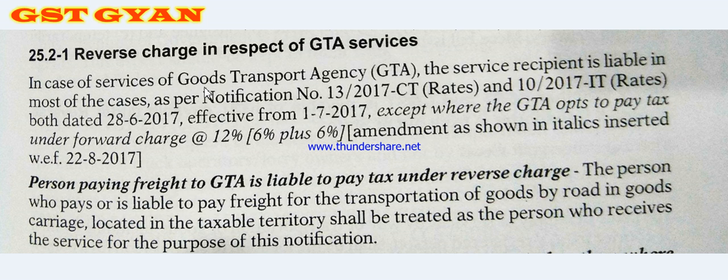Service of a goods transport agency is treated under reverse charge mechanism, so the recipient is liable in most cases. That means the person paying the freight, the consignee, is liable to pay the tax under reverse charge. In maximum cases the recipient pays the tax as well as the freight.